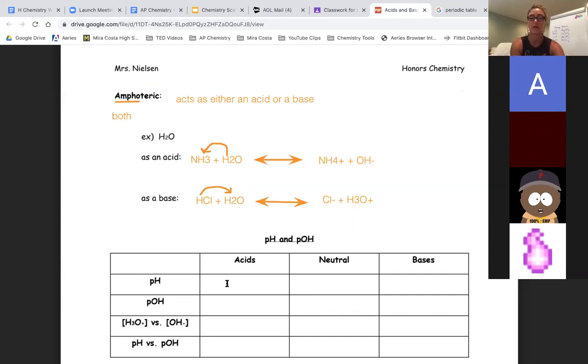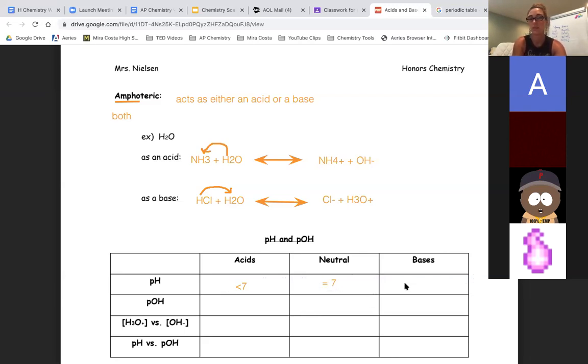All right, so when it comes to acids, this is just kind of a cheat sheet here. Acids have a pH, we already did this the other day, less than 7. Neutral compounds have a pH that's equal to 7.